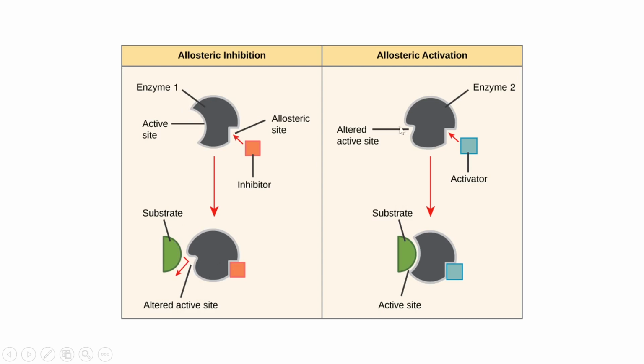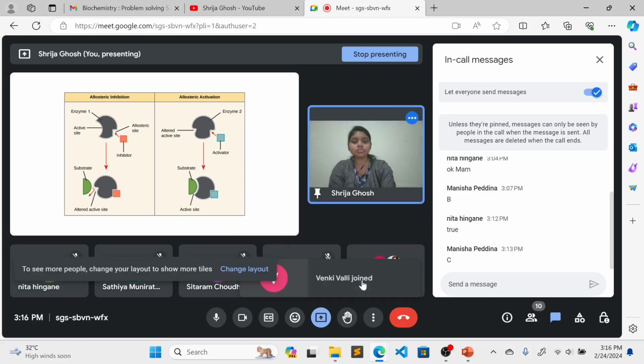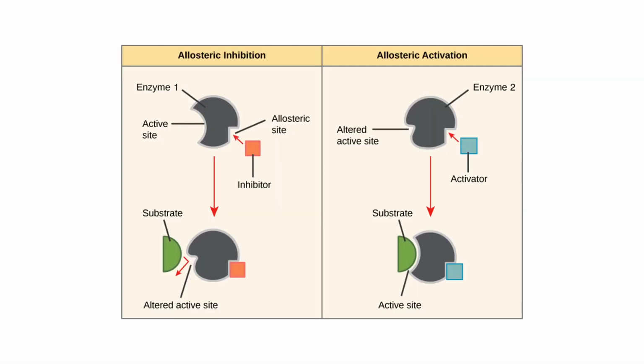Okay. In other case, in case of activation, what happens? You have the small molecule that binds to the allosteric site, and that small molecule, once it binds to the allosteric site, changes the conformation of the active site such that now the substrate can actually fit in the catalytic pocket.